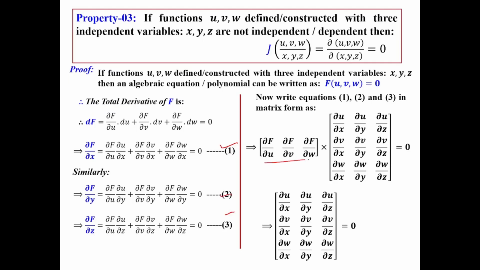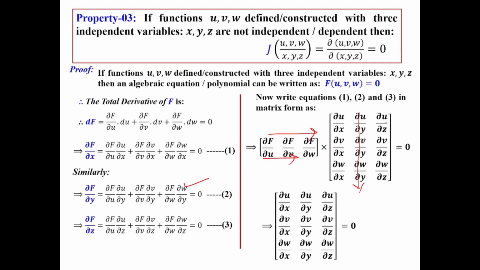Here you can see this row multiplied with this column gives the first equation: del f by del u multiplied with del u by del x, this term, plus del f by del v multiplied with del v by del x, the second term, plus del f by del w multiplied with del w by del x, the third term, equal to 0. Likewise, if I multiply this row and this column, equation 2 will be generated.